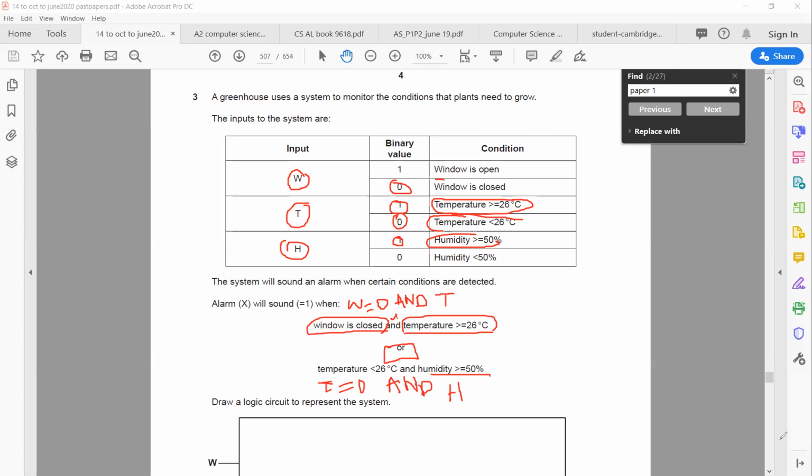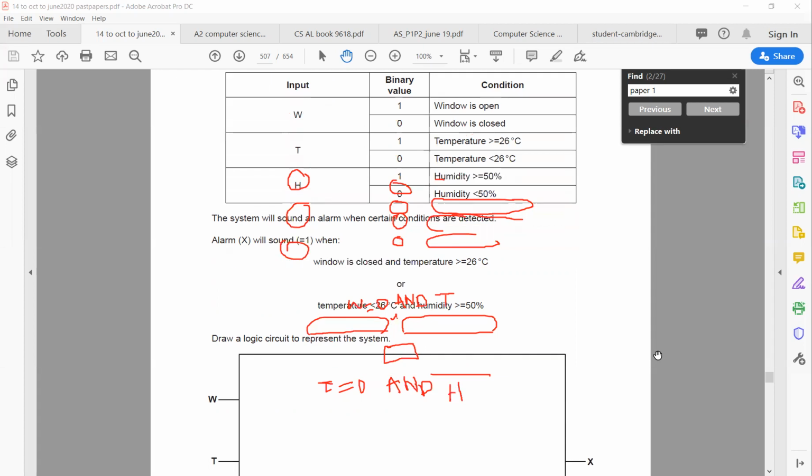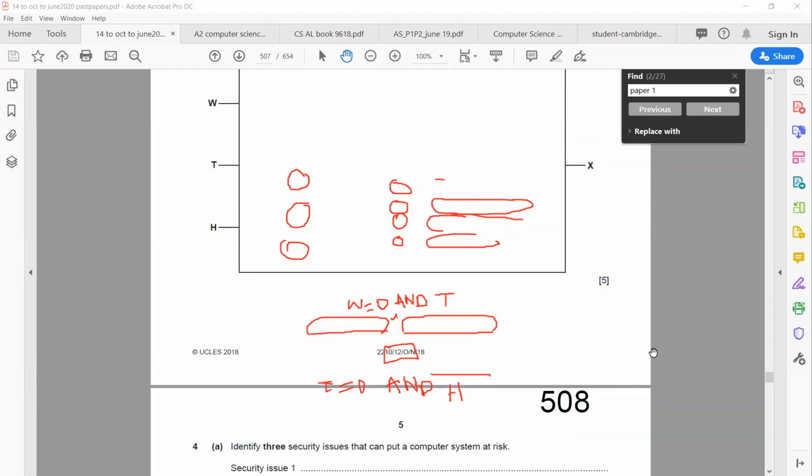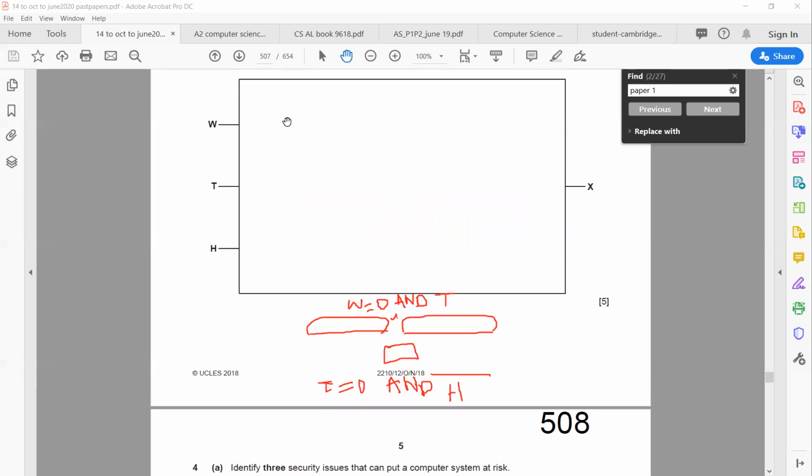ठीक है? Now you can easily draw a logic circuit using this information. ये मेरे पास है. I put it here. ये मैं ऊपर वाले erase कर देता हूँ. यहाँ पे मैंने logic circuit बनाना है. Okay, now I already have this information.